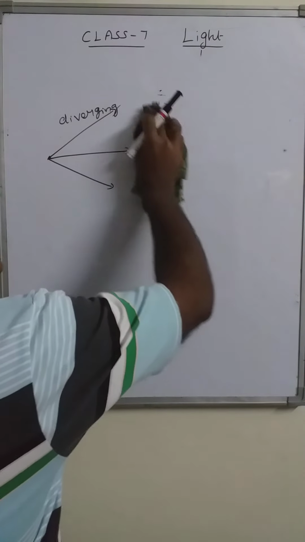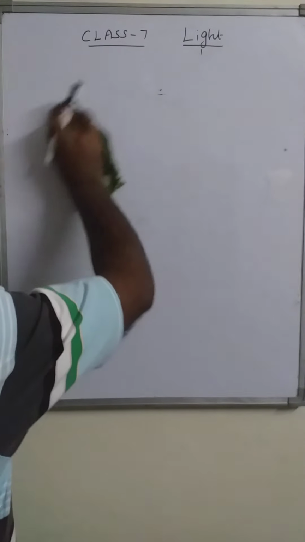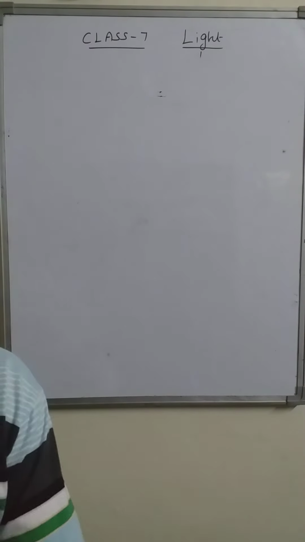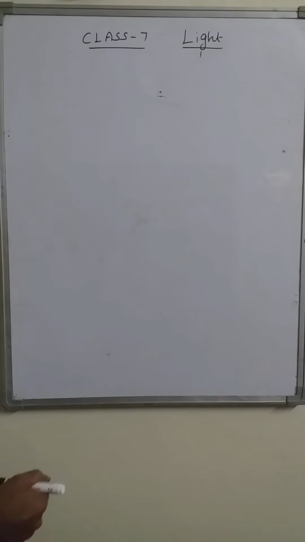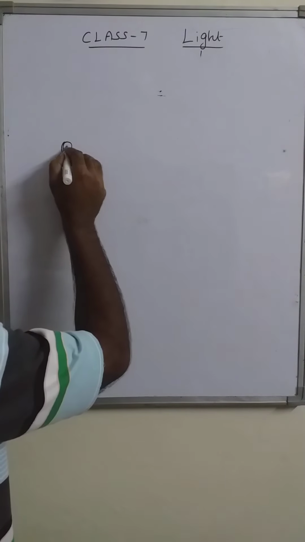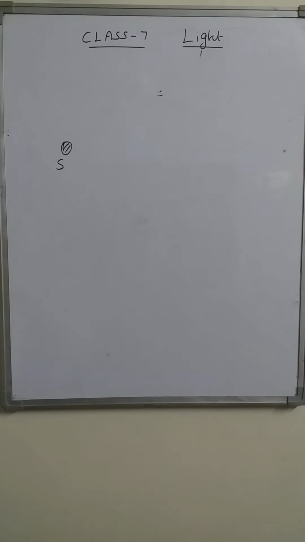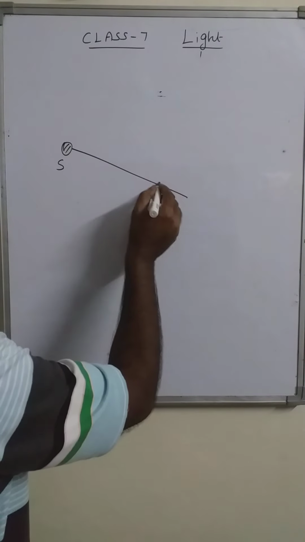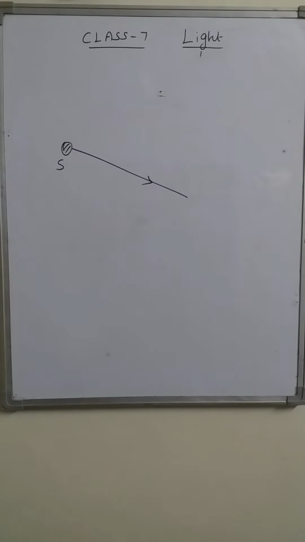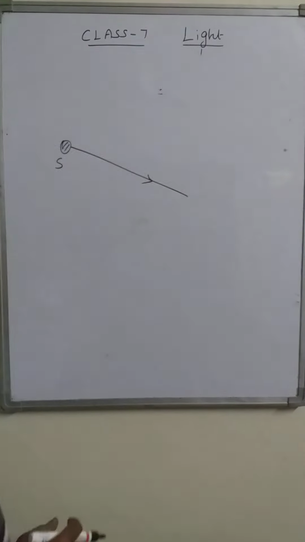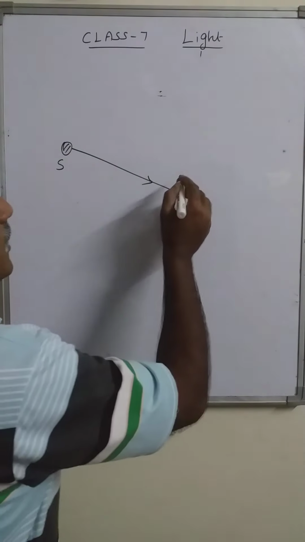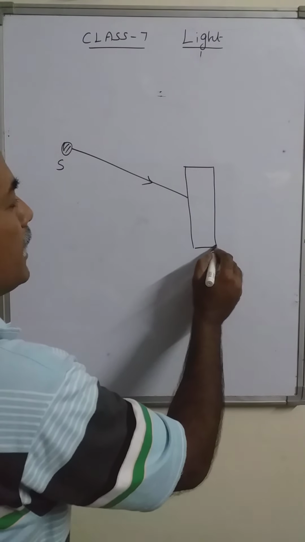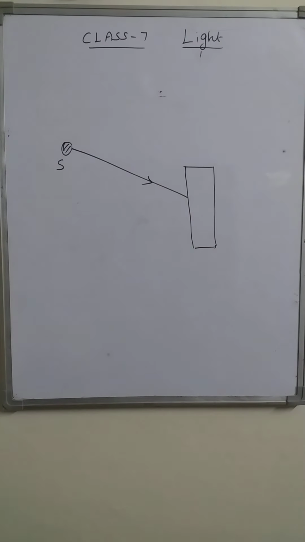Whenever a source emits light in a particular direction, it always travels along a straight line. Suppose this is the source, emitting light in all directions. While it travels in a particular direction, if some surface is placed on its path, the light strikes the surface.